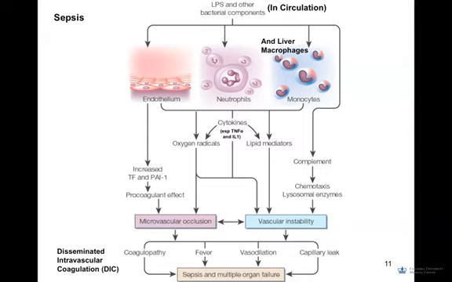However, let's say this is a bacterial infection, if this bacterial infection leaves the tissue and enters the bloodstream, and the bacteria and its components, like LPS, which is bacterial endotoxin, enter the circulatory system, they are going to interact with key activators of inflammation, and they are going to trigger sepsis.